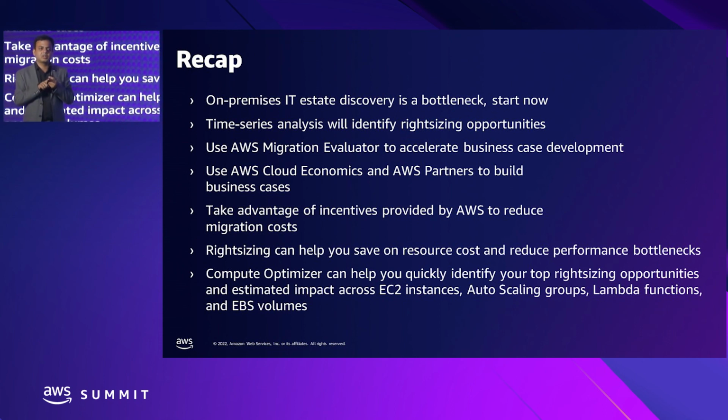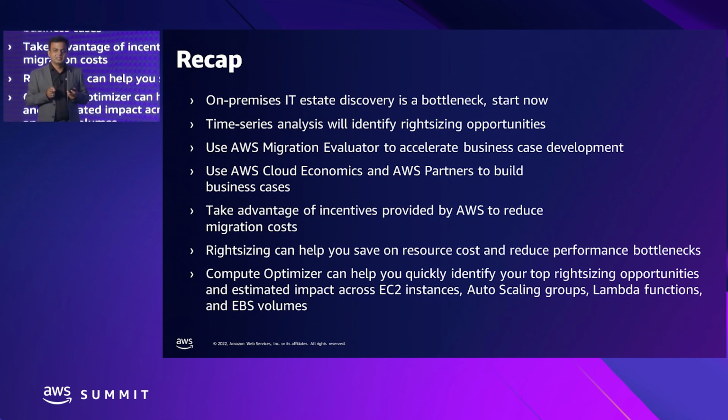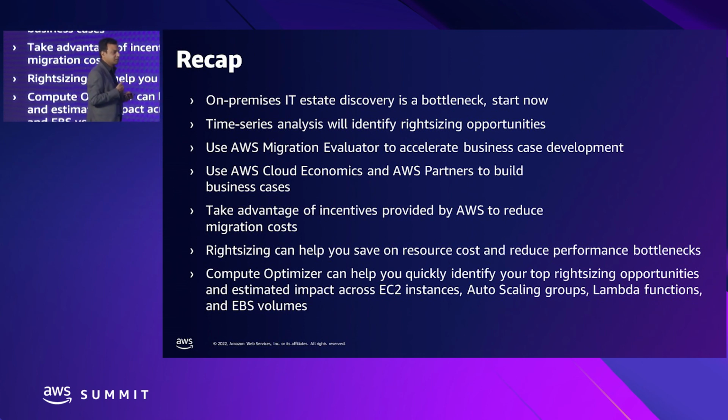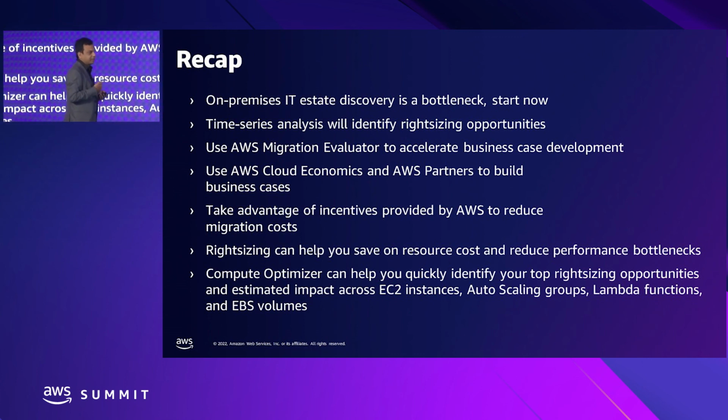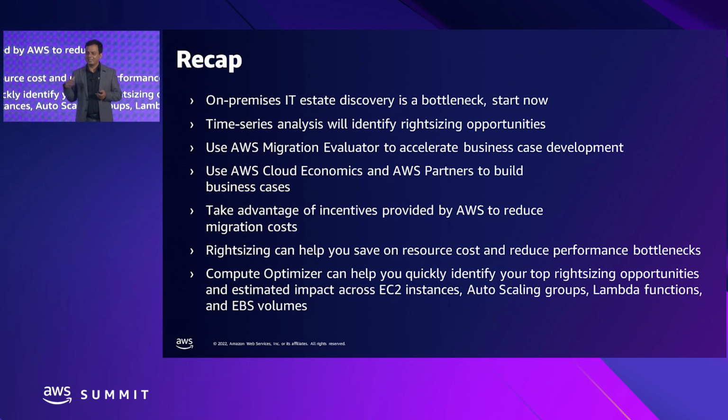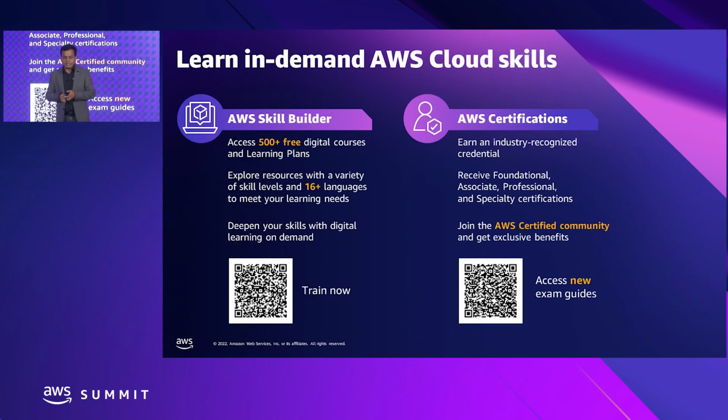And then we talked about the cost optimizer. So cost optimizer definitely gives us cost benefits from the perspective of compute, storage, Lambda functions. Analyze, report, and then see the recommendations, and then take the actions.